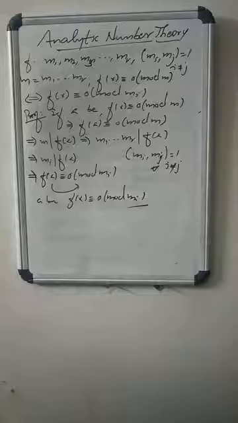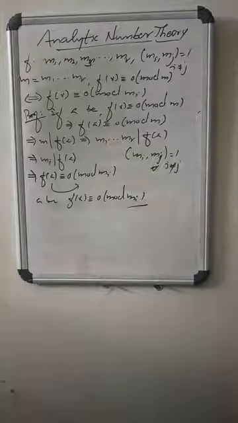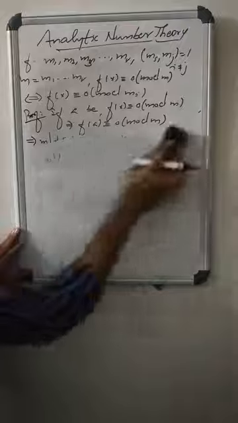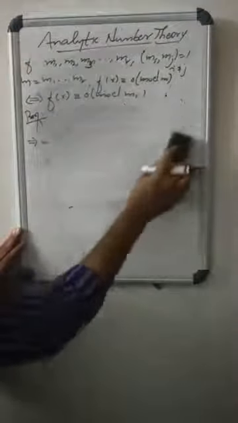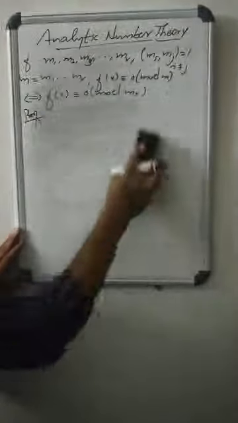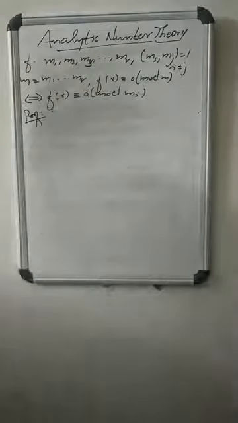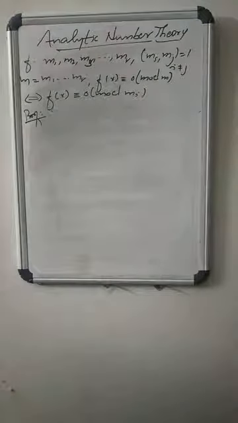What about the reverse inclusion? If f of x congruent to 0 mod mi has a solution, then f of x congruent to 0 mod m also has a solution.